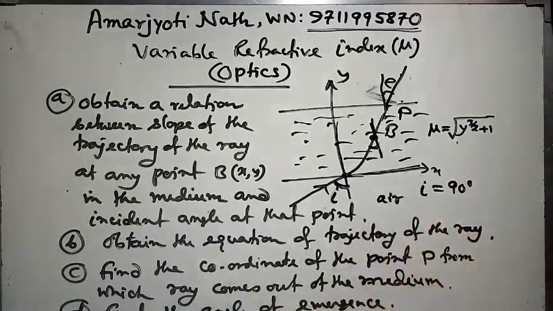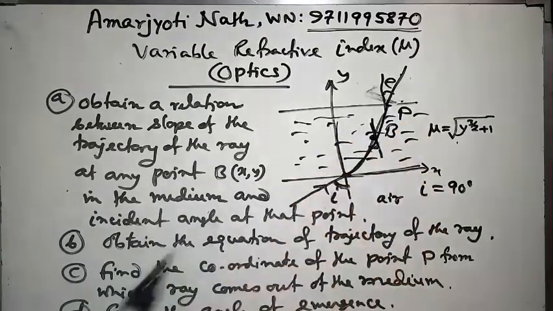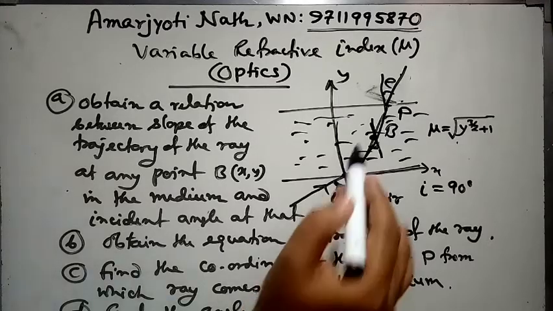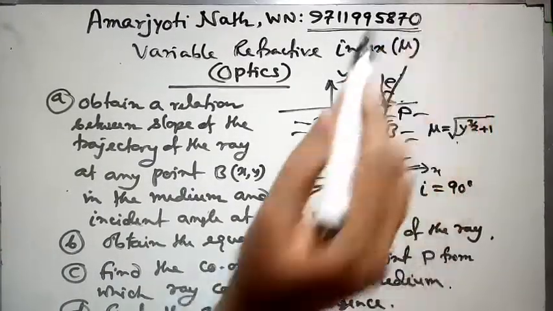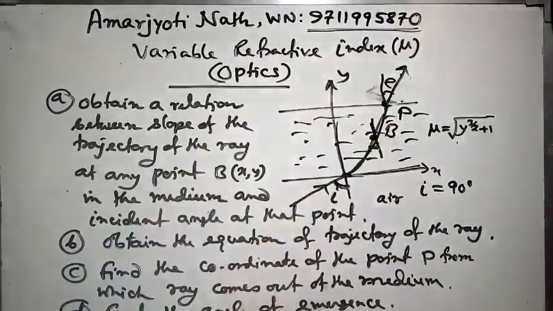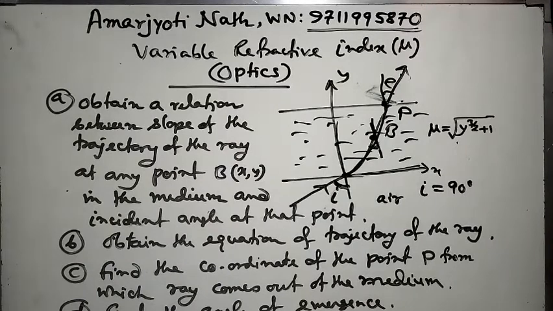Then I need to find the equation of the trajectory of the path, and also find the point from which it emerges from the medium into the air, and also find that emerging angle. Good, these 4 questions are there.